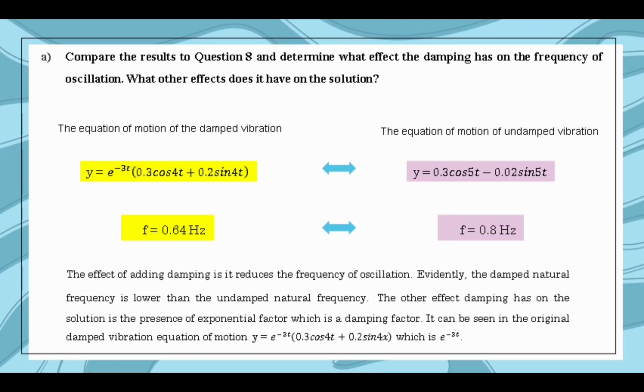The effect of adding damping is that it reduces the frequency of the oscillation. Evidently, the damped natural frequency is lower than the undamped natural frequency. The other effect damping has on the solution is the presence of the exponential factor, which is a damping factor. It can be seen in the original damped vibration equation of motion, which has e to the power of negative 3t.